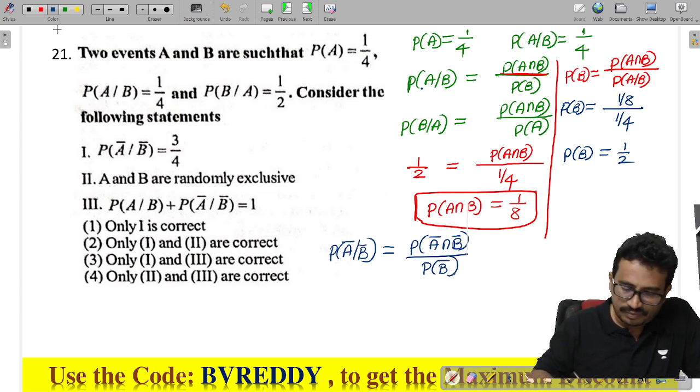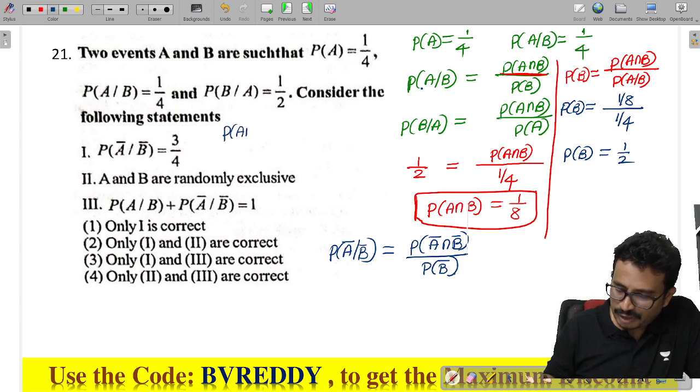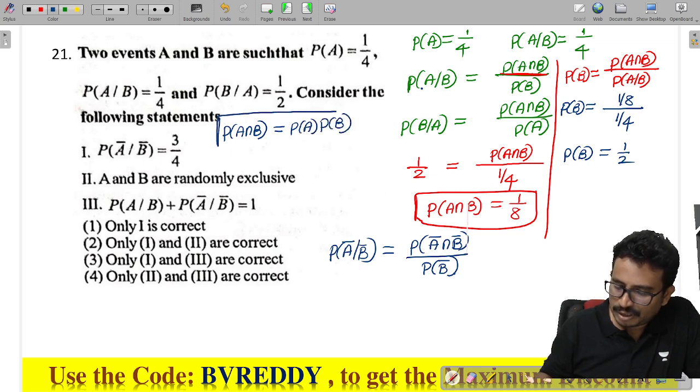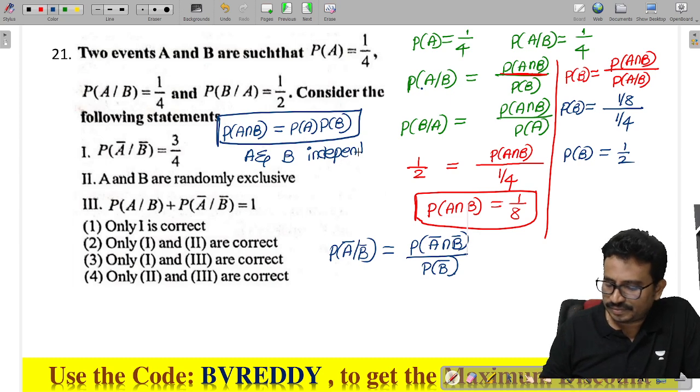And if you see carefully from this data, P of A intersection B is equal to P of A into P of B, isn't it? If this condition is satisfied, then A and B are independent events.